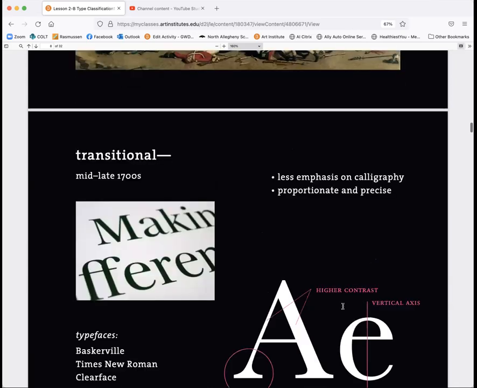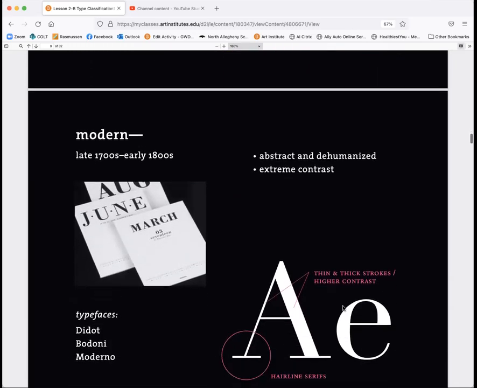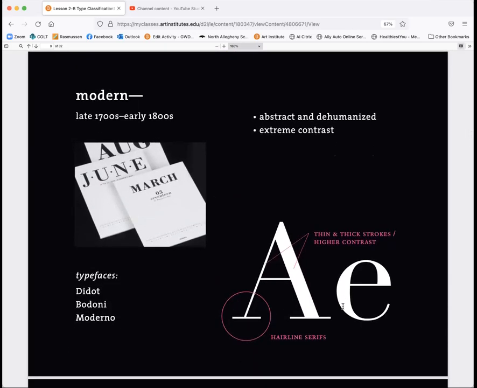We go from transitional into the modern typefaces, late 1700s, early 1800s. These typefaces include Didot, Bodoni, and Moderno. They're abstract and dehumanized. Their extreme contrast is what depicts this modern classification of typefaces.